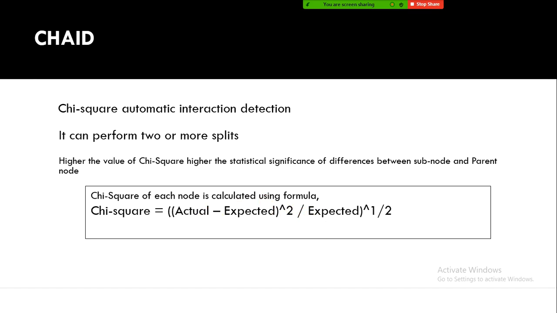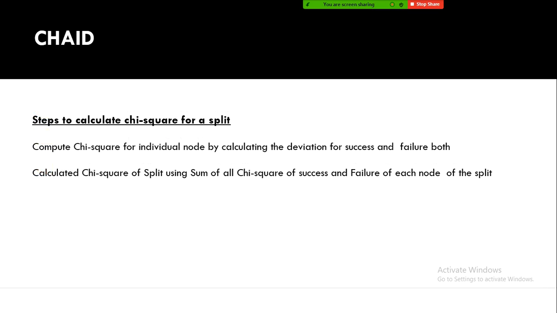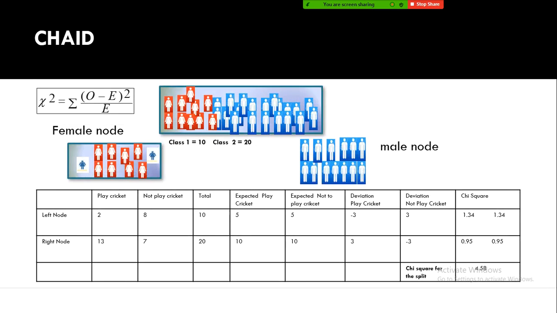The higher the chi-square, that node will have to undergo split first. In the case of Gini, lesser Gini means higher homogeneity. In the case of information gain, the higher the information gain, that node has to be split. When it comes to CHAID, the higher the chi-square value, that one will undergo the split.